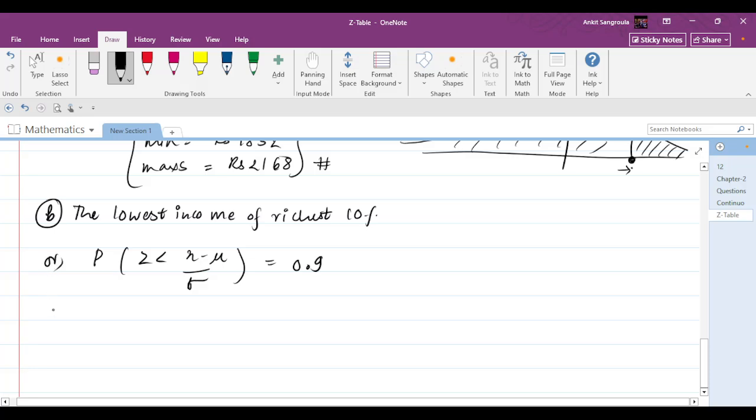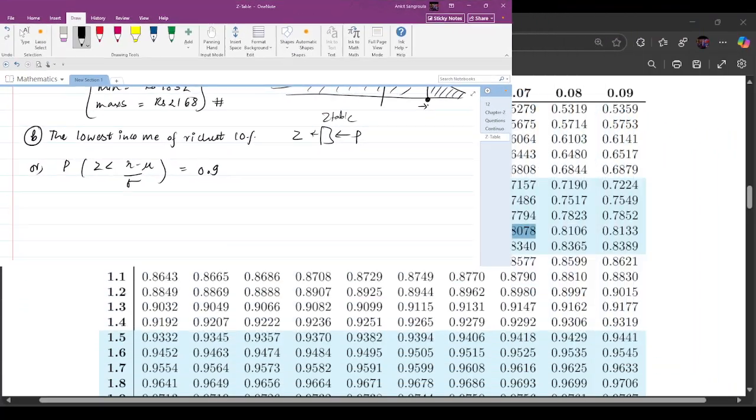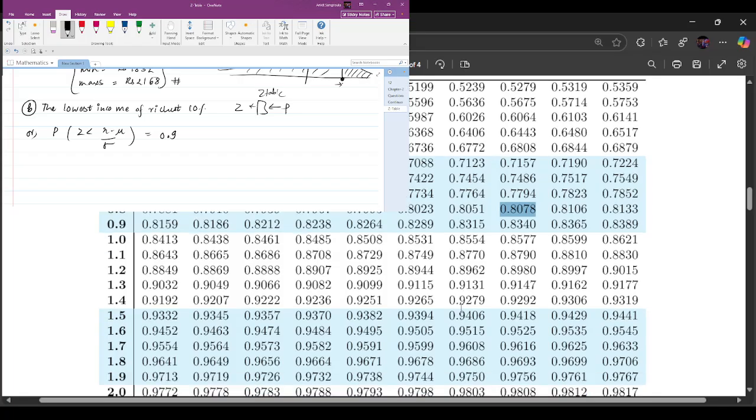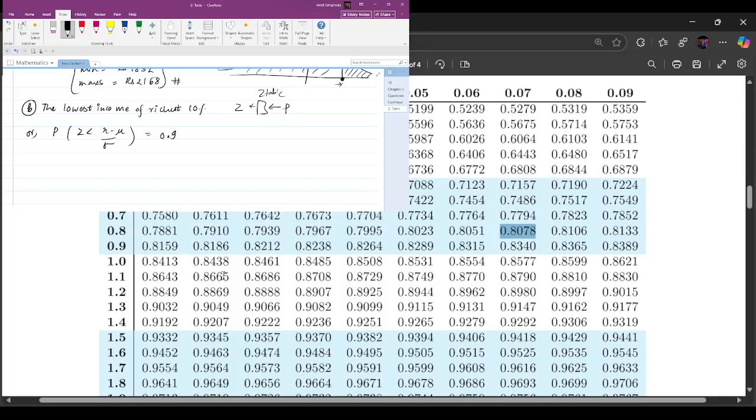Now you are going to plug the value of probability into the Z table and find the value of Z. You can clearly see that this is on the positive side of the Z table. So we are going to refer to the positive Z table and find the value that is closest to 0.9.